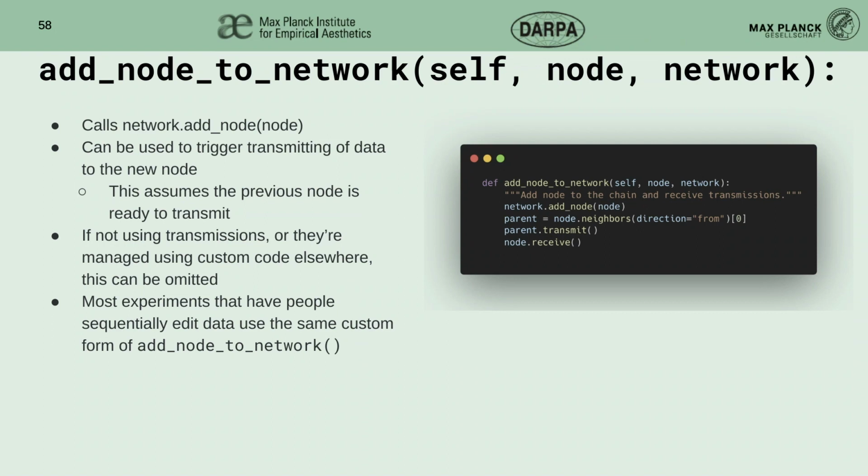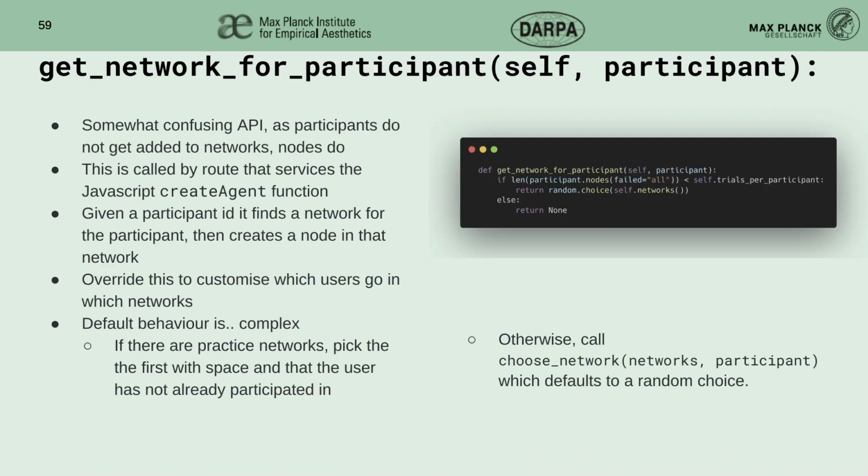This is my problem. That's why I want to get to the third point, is that somehow in create network you define this topology, but then in get network for participant you also define the topology. So the last one is, given a participant and you know all the networks that are available to you, where do you want that participant to next take up a spot?